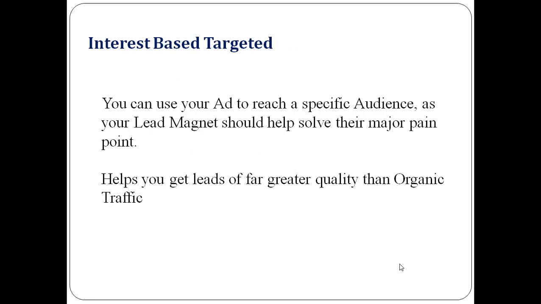With paid ads you have interest-based targeting, so you target people based on a specific interest. Let's say for example you're an affiliate marketer trying to sell a course like 72 IG. 72 IG is a course that teaches people what affiliate marketing is all about and how they can be a successful affiliate marketer on their own.